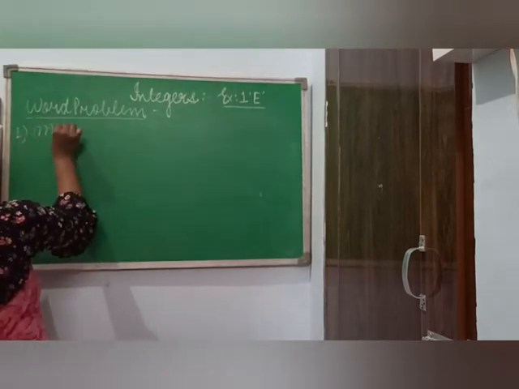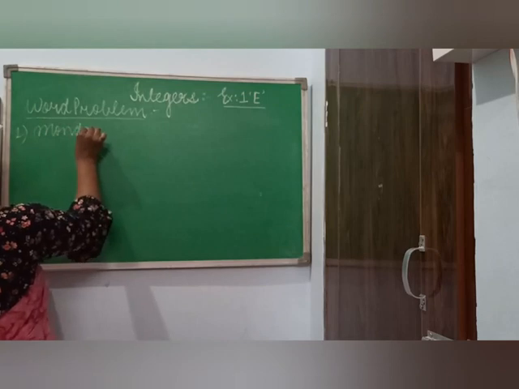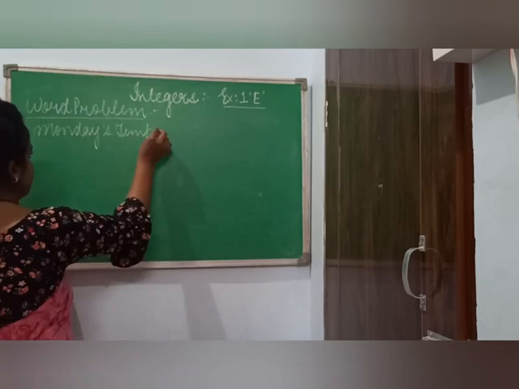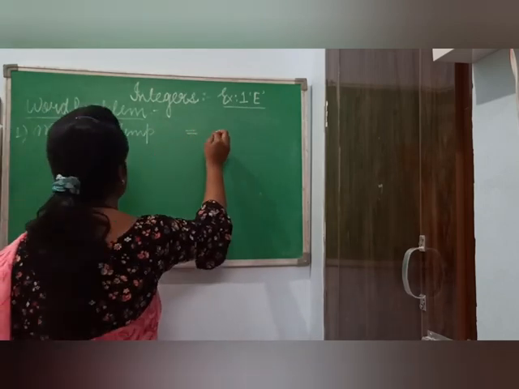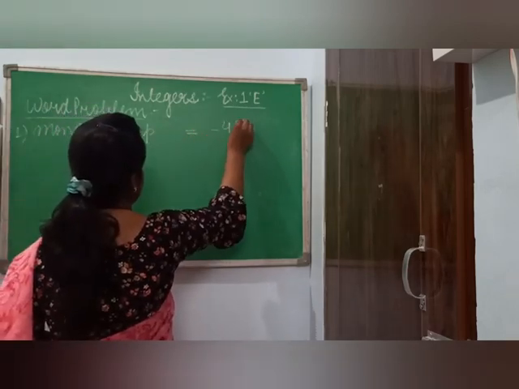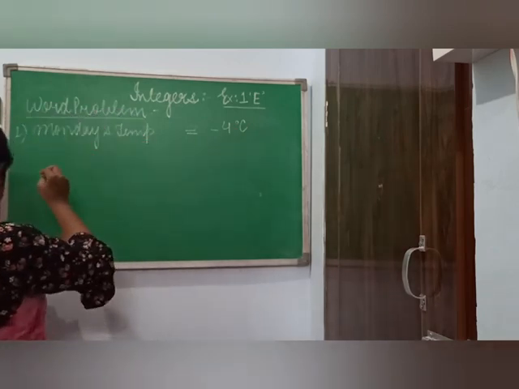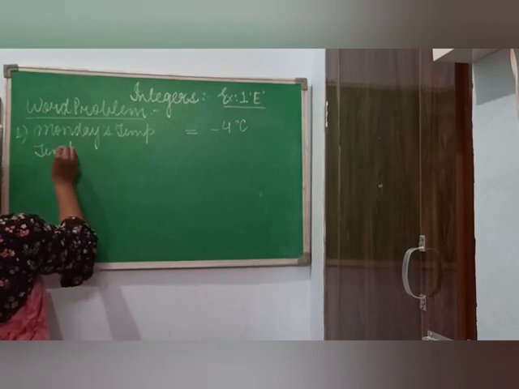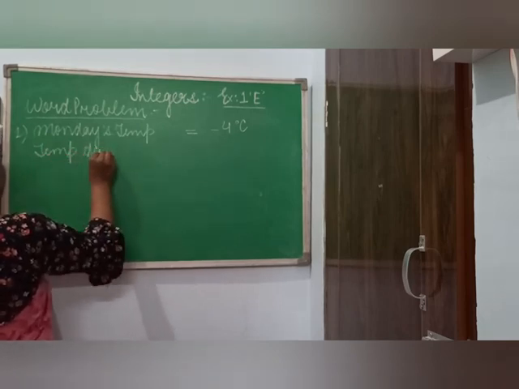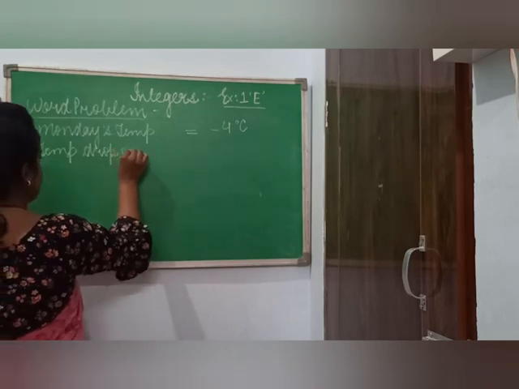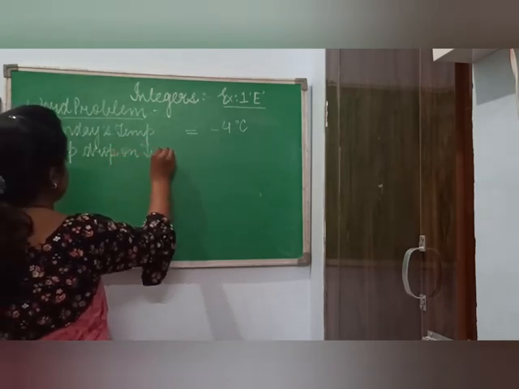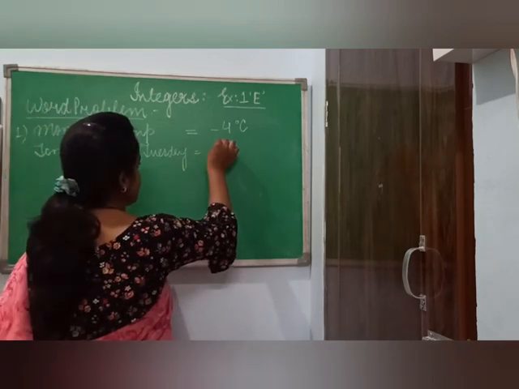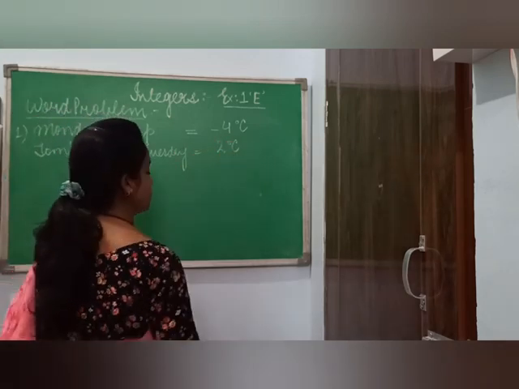Monday's temperature is given as minus 4 degrees centigrade. Then the question says the temperature drops by 2 degrees centigrade on Tuesday.